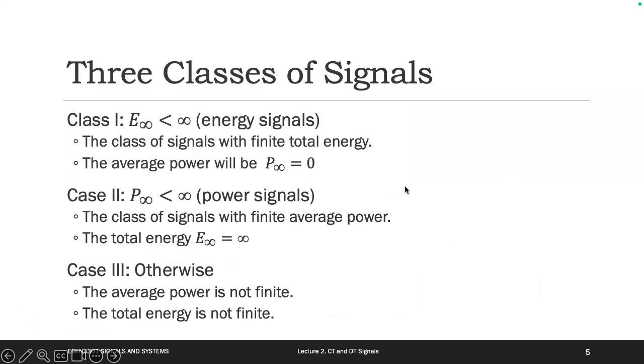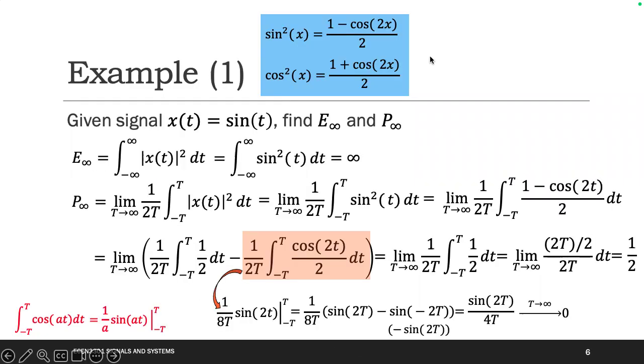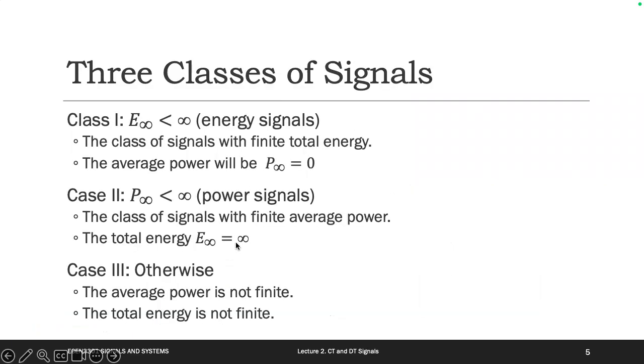It's case 2, am I right? Yeah, that's right, case 2. Because you can see the energy equals infinity, and the power is a specific number, smaller than infinity. It has some number, am I right?